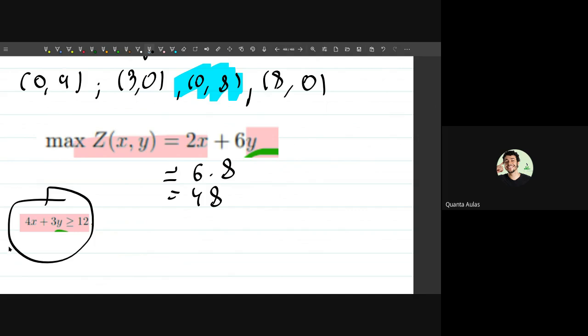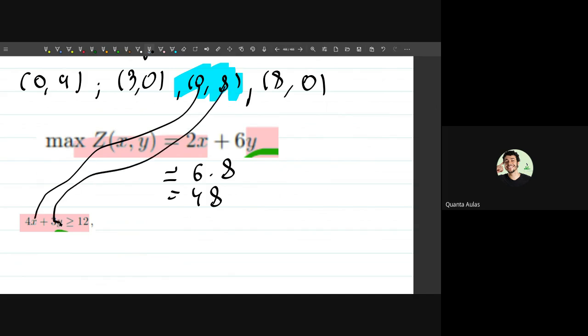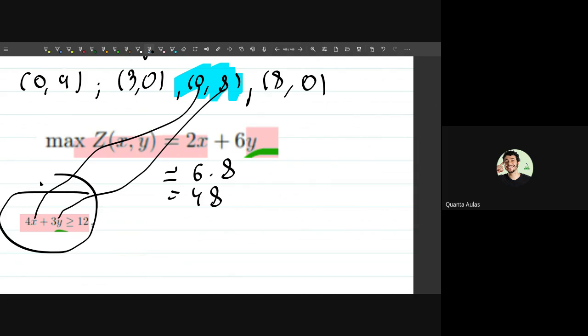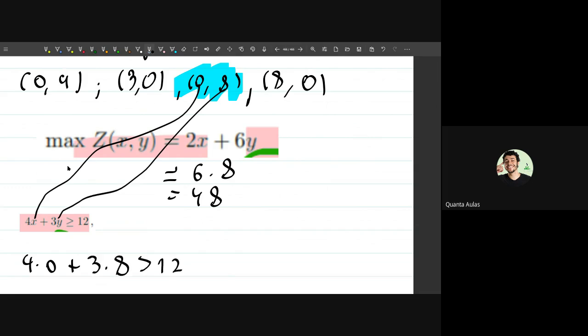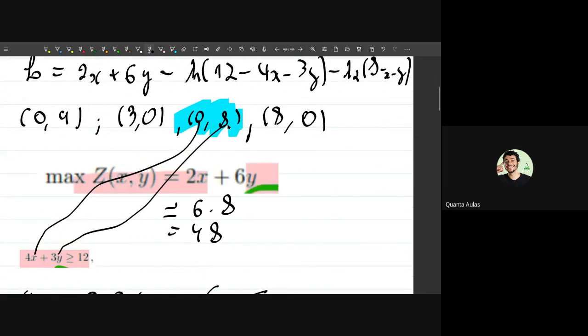This is a rule in this problem. So I need to take these values, put them here, and see if the value will be bigger than 12, right? 4 times 0 plus 3 times 8. Yeah, 3 times 8 is bigger than 12.